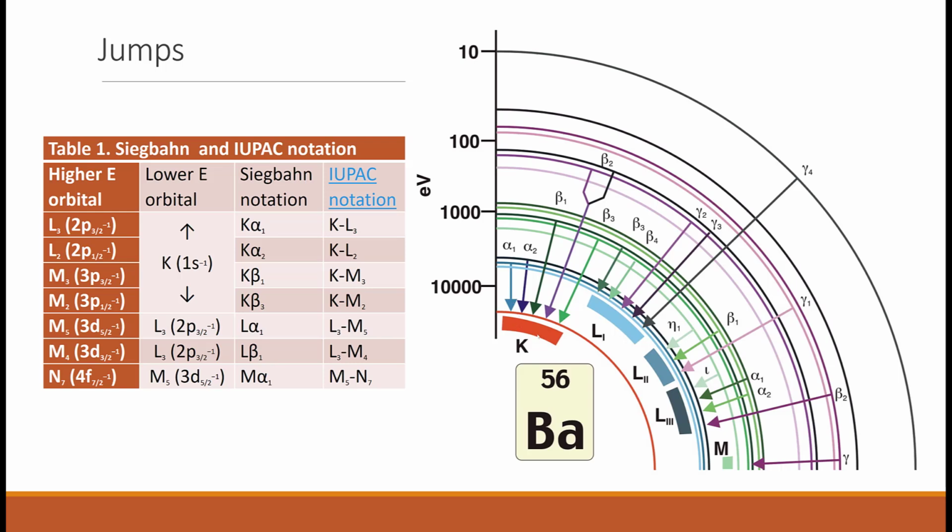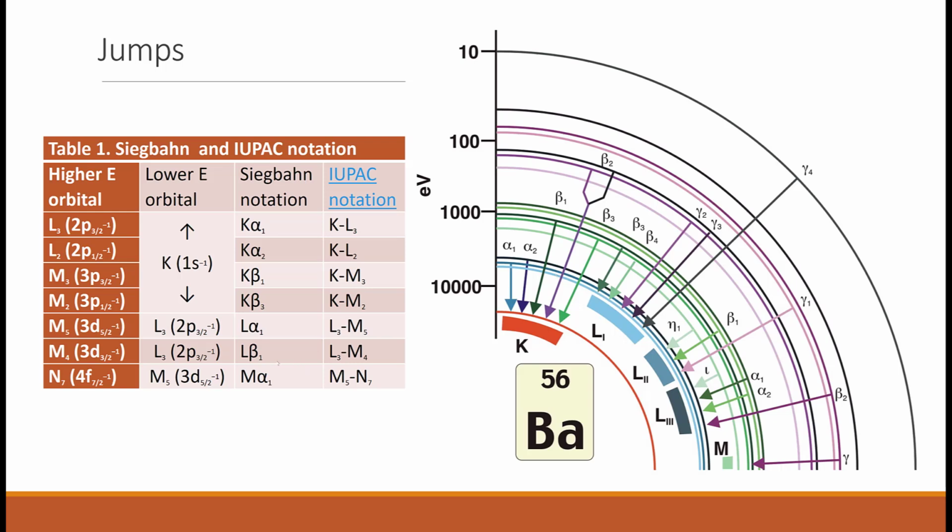So we call it K because we're ending up in K, and alpha denotes this jump, which turns out to be the most energetic jump you can do in these orbital structures. Beta is a jump from further out in the M orbital. So the beta jumps are M3 and M2 jumps into that.